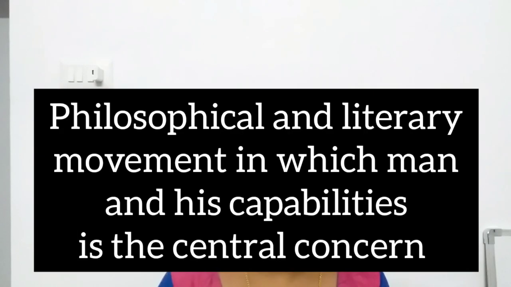We can define liberal humanism as a philosophical and literary movement in which man and his capabilities is the central concern. So, mainly we deal with man and his capabilities in liberal humanism, and there are philosophical concerns and literary concerns too.